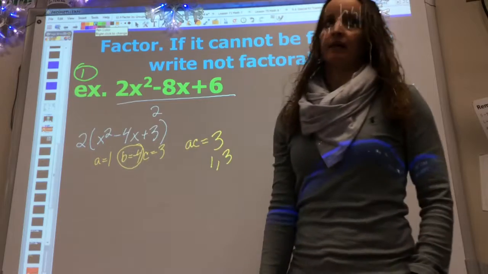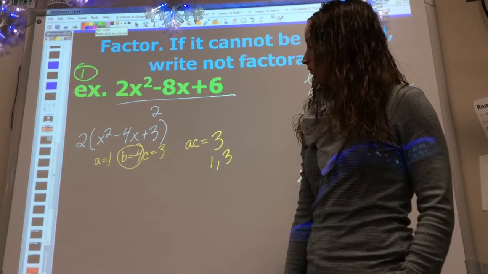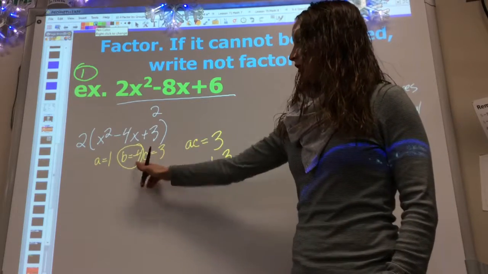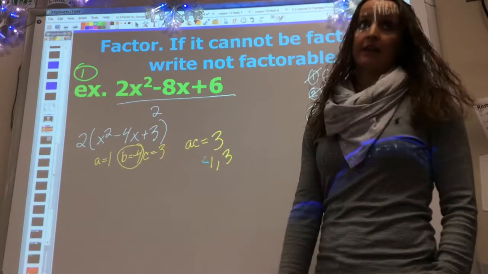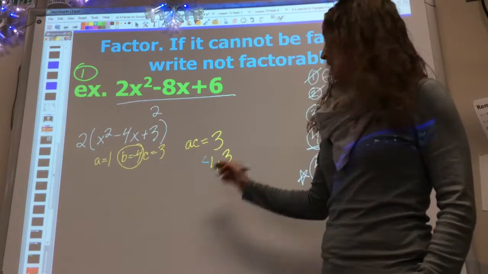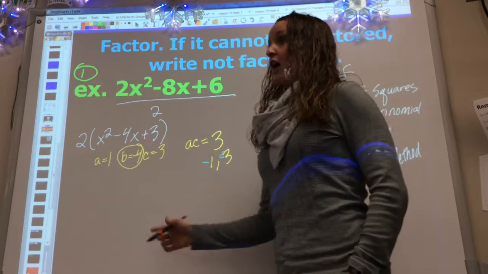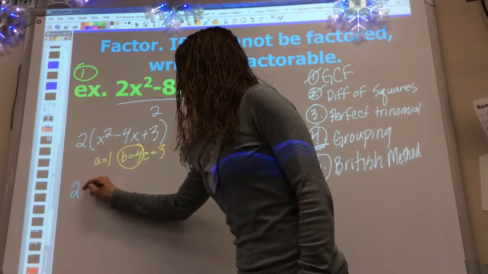Yeah. How can we do that? How can we make 1 and 3 add up to a -4? Negative and negative. Yeah. So then our next step, okay, this is really important, and this is where some people went crazy, okay?